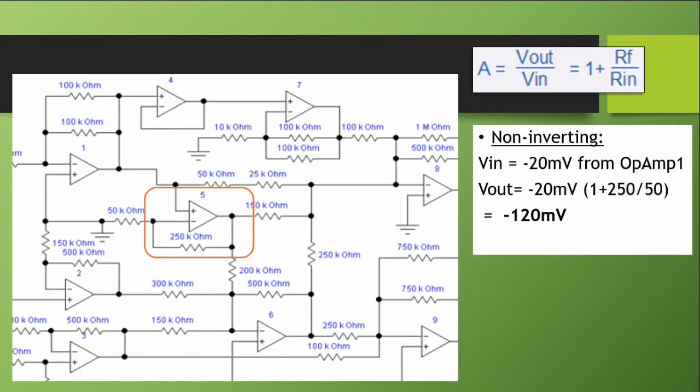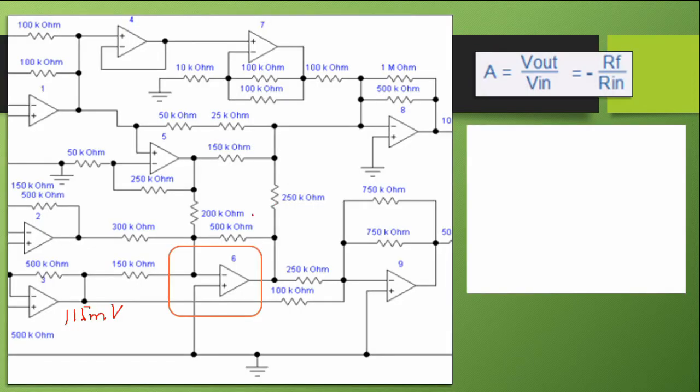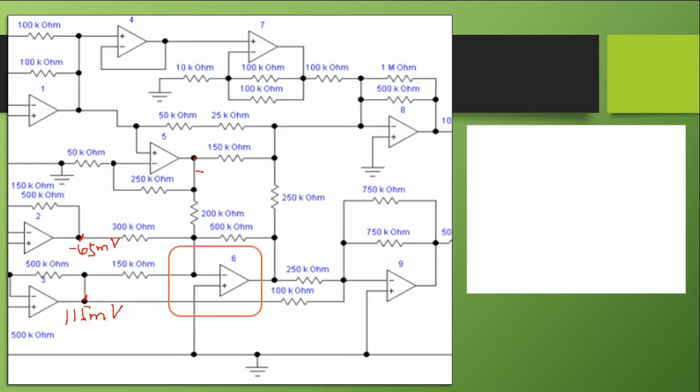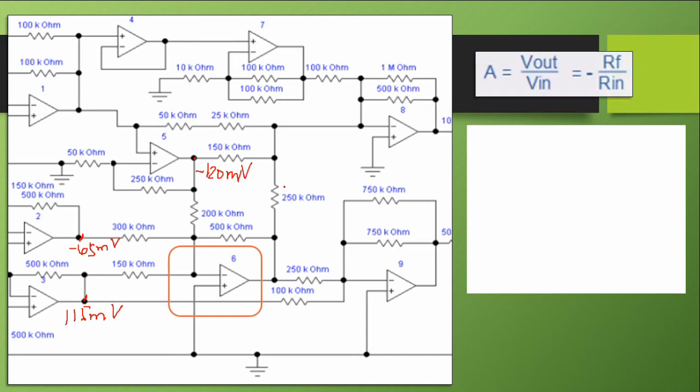For op amp 2, negative 65. This point here. And then for op amp 5, negative 120.